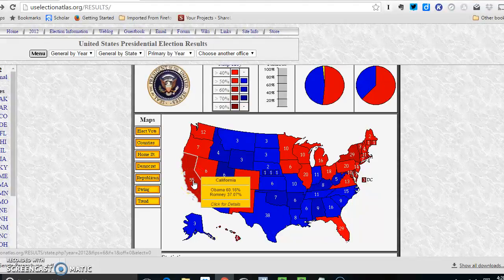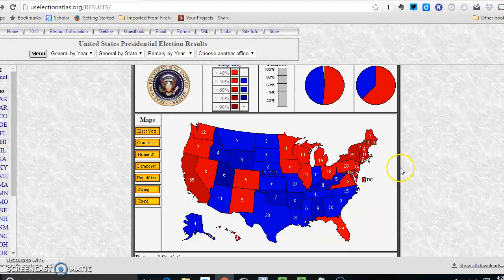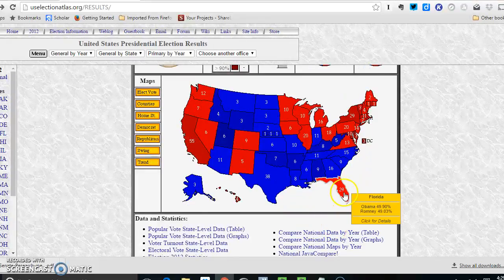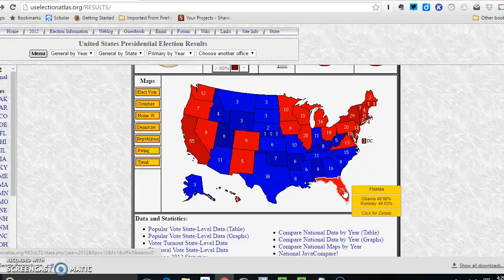Because these were such blowouts, the candidates don't spend a lot of time campaigning in those states. Instead, they spent an awful lot of time here in New Hampshire, where the president won re-election with 52% of the vote. Virginia, where the president won 51% of the vote. North Carolina, where the president lost, but again, a relatively close state. You head down here to Florida, another state that President Obama won barely by less than 1 percentage point.